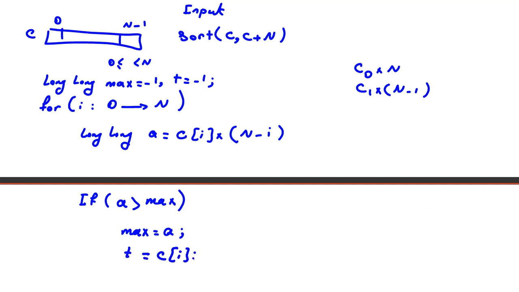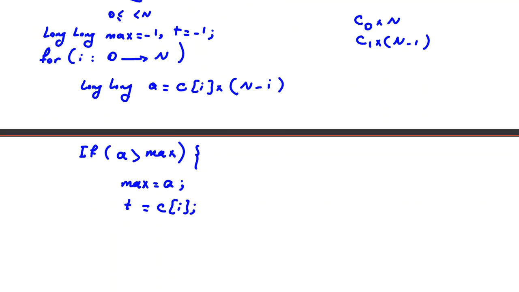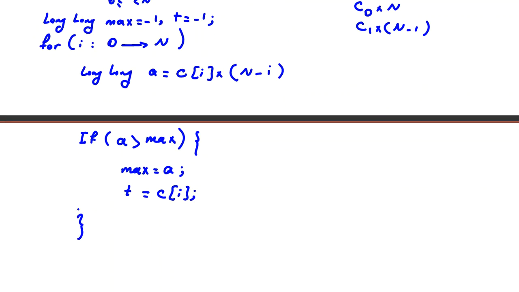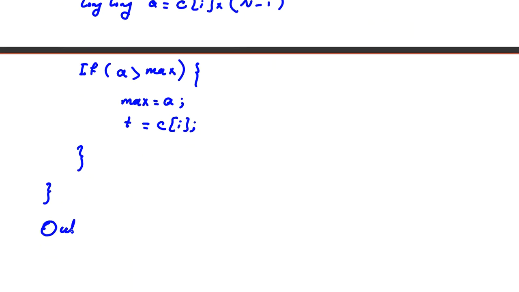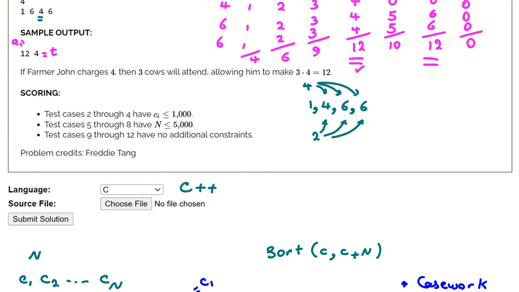We will update here. Okay, and after this for loop, you will print out the amount and tuition. Okay, so it is only this.